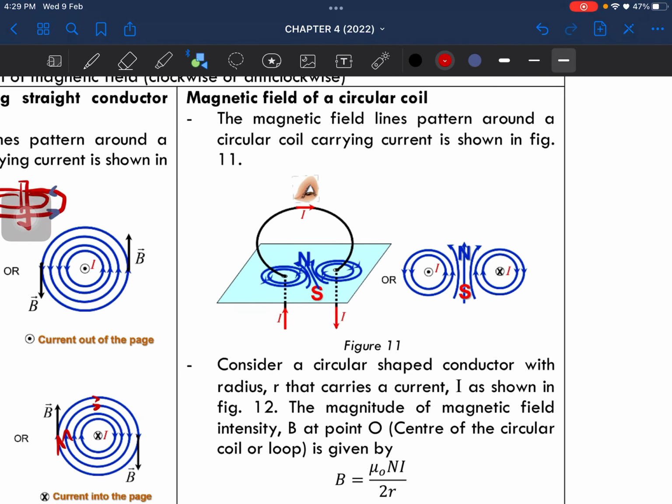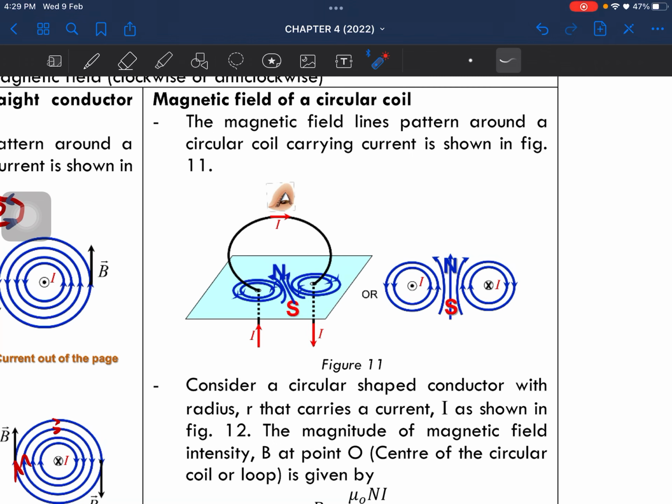The magnetic field lines pattern around a circular coil is this one. This one does the same thing, right hand grip rule, and remember at this point just look at which direction it is, pointing up or pointing down, so the arrows will follow.